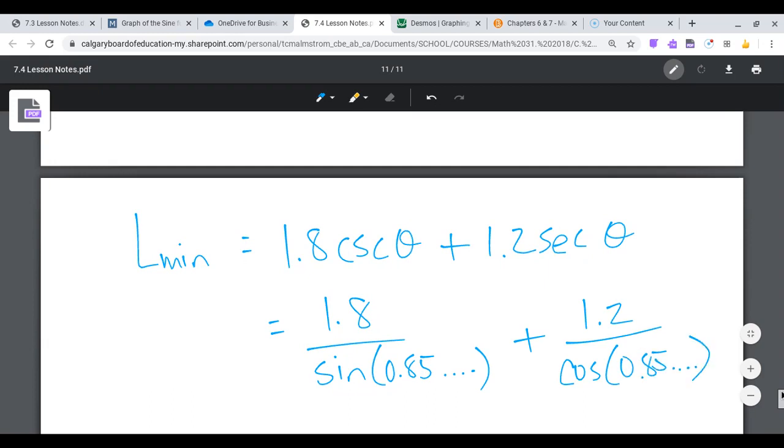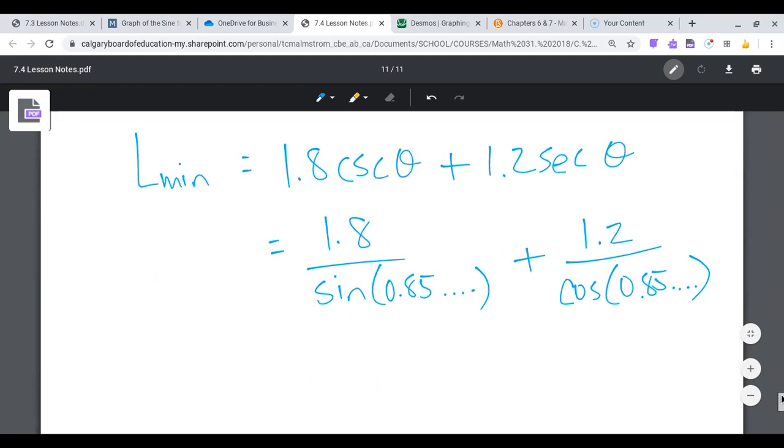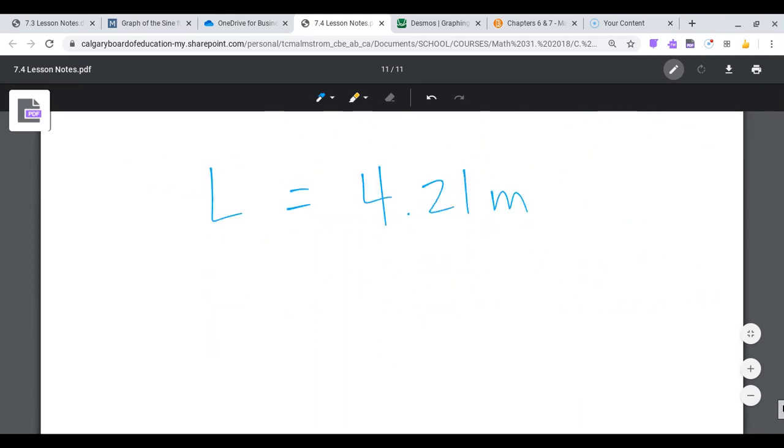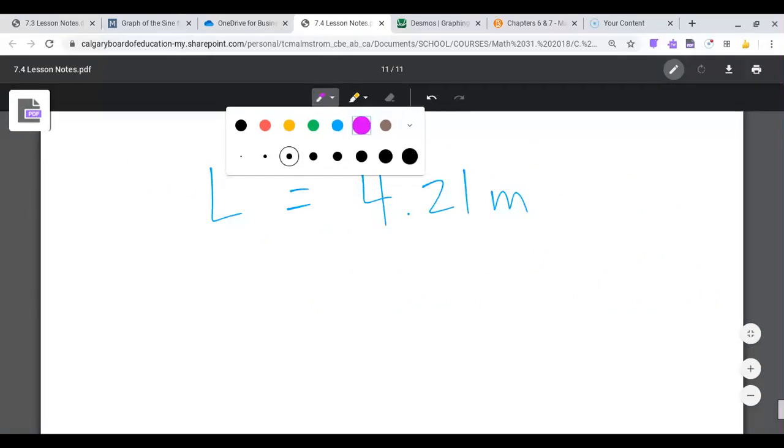So make sure you're not rounding until the very end, okay? Now secant is 1 on cos, not secant is equal to cos. Secant is equal to 1 on cos. All right, and then you're going to put that, hopefully you're still in radian mode, into your calculator very carefully with a good amount of brackets, and we should find that the length is 4.21 meters rounded to the nearest hundredth. And voila, we are done.